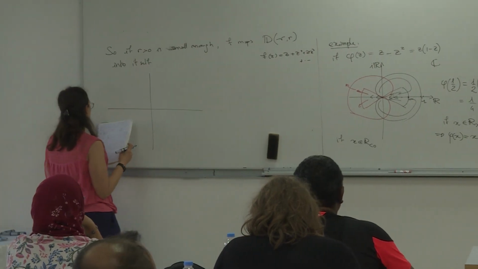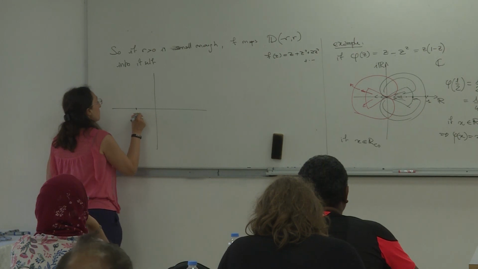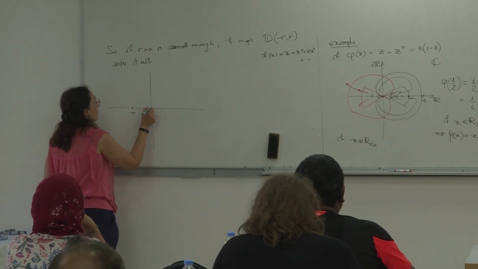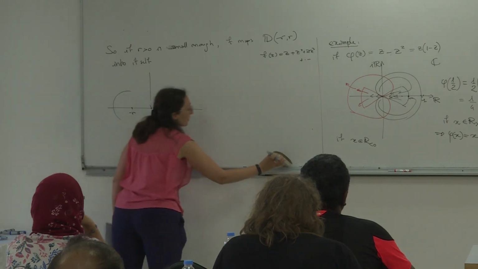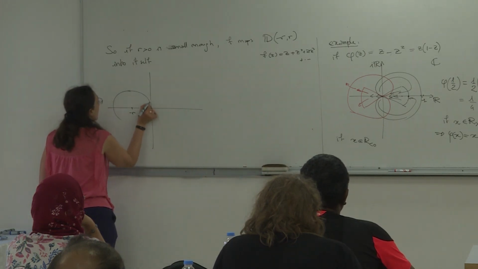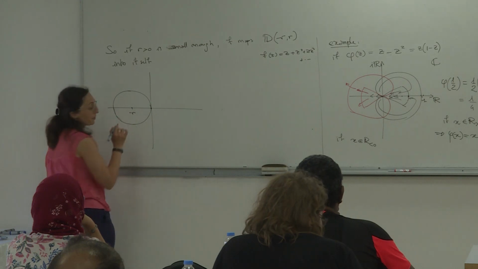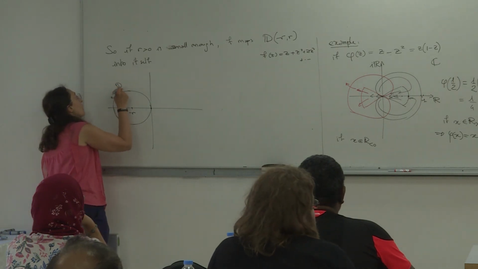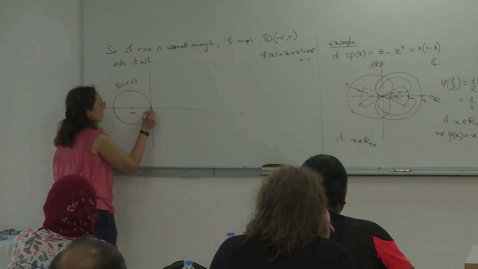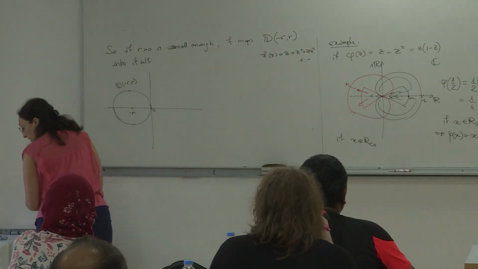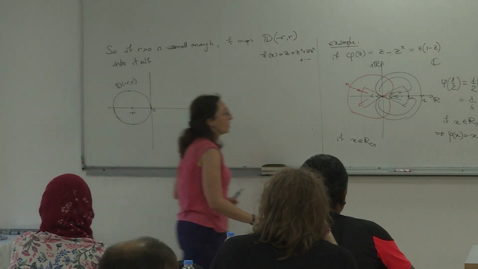So I'm going to have a minus r in here. This doesn't even look like a disk. Well, a little better. So this is my disk of center minus r and radius r. This is 0. And it's going to do the same with this other one.